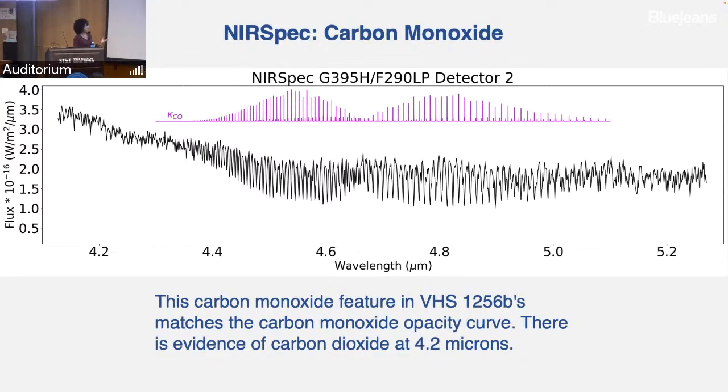For this particular brown dwarf, CO is so abundant that disequilibrium chemistry does not affect it at this temperature, but for colder brown dwarfs, you could see shifts based on that mixing as well. It's not labeled here because we were trying to eke it out with modeling, but we did some atmospheric modeling that showed you would need CO2 to match some of the slopes here. We didn't claim a detection. That's more work that needs to be done.